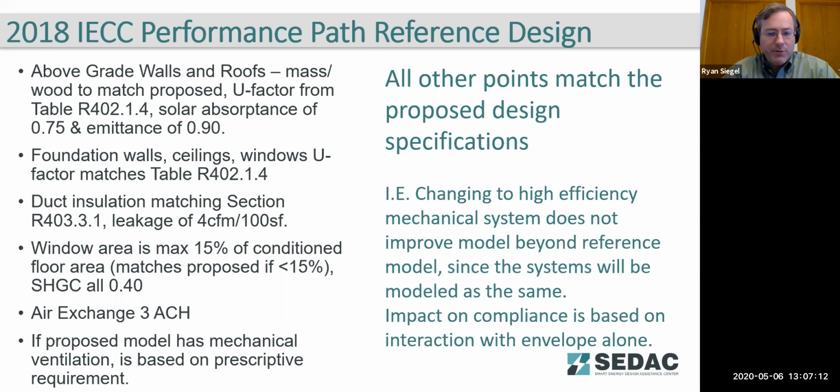Something to be aware of is a HERS rating and the ERI are closely related, but they are not the same. So that is something to consider as far as if you are doing a HERS rating on a building, you would also need to do an ERI path compliance in addition to the HERS rating.